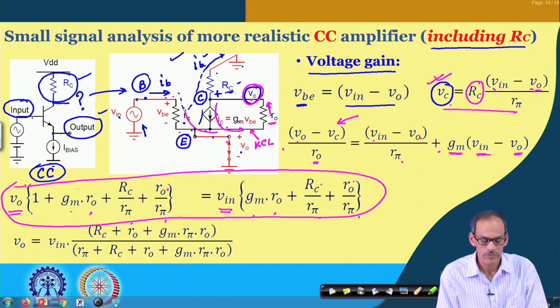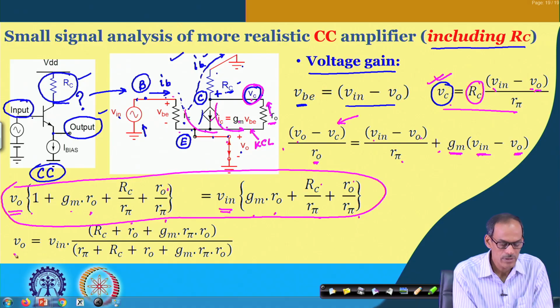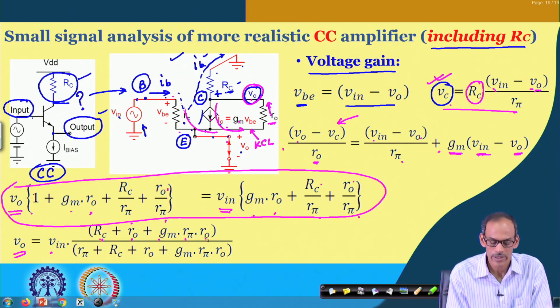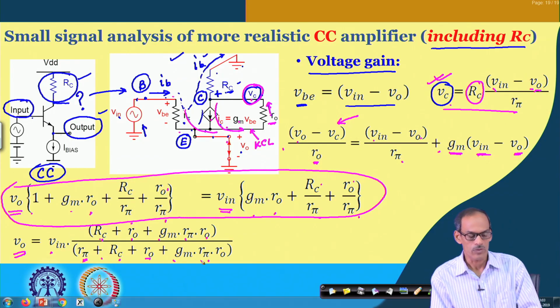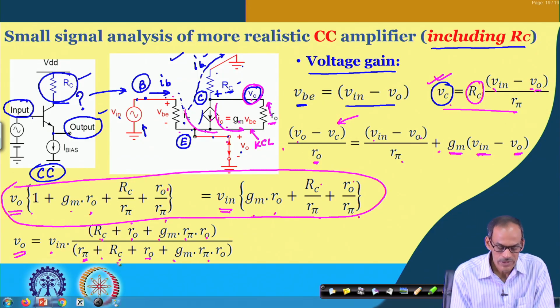From this relationship between V O and V in, we get the voltage gain. In fact, we can say that V O equals V in multiplied by R C plus R O plus G M into R pi into R O, divided by R C plus R pi plus R O plus G M into R pi into R O. If you see here, this part is common in the numerator and denominator.